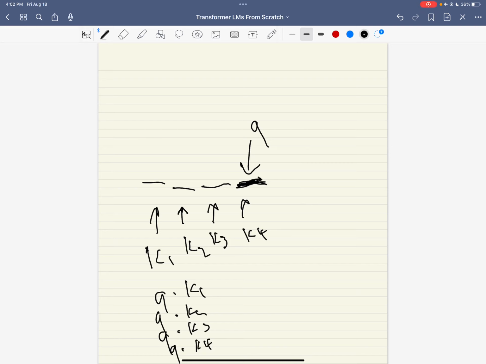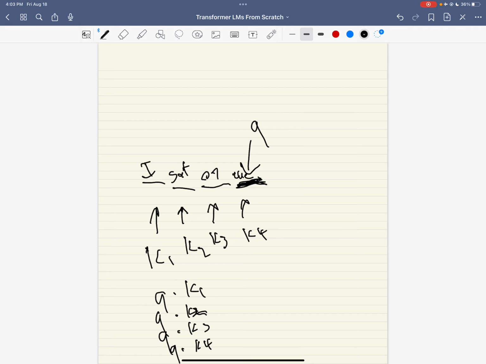When you dot product 2 vectors, you get a number. So let's actually put some words in this example. "I sat on the."